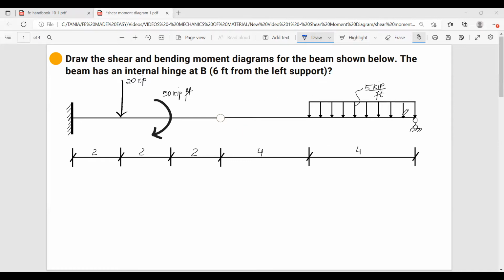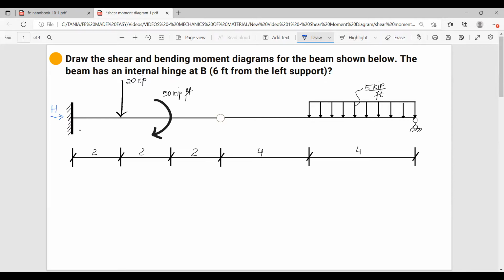I'm going to take this side. And the reason we're taking this side is obviously because if I take the other side, then we're not going to have a simply supported beam. We're going to have more unknowns. So this support has 3 unknowns. Here we have a horizontal reaction, which is obviously 0 because we don't have any horizontal loads.